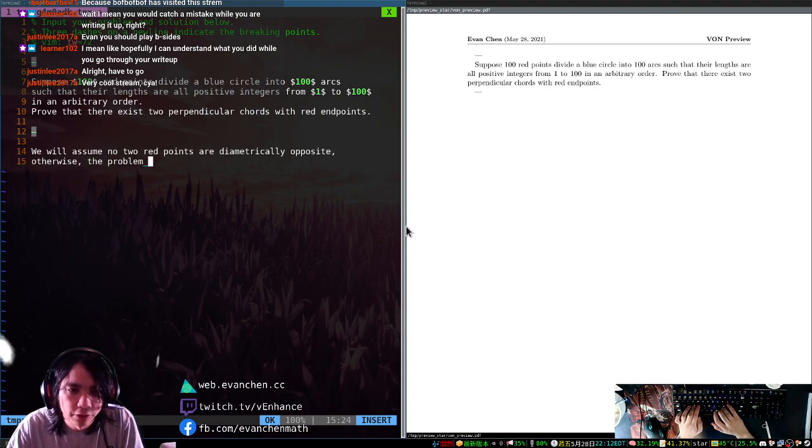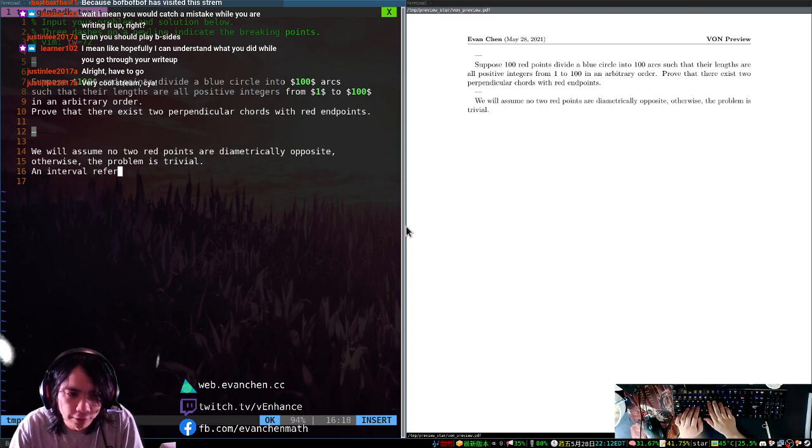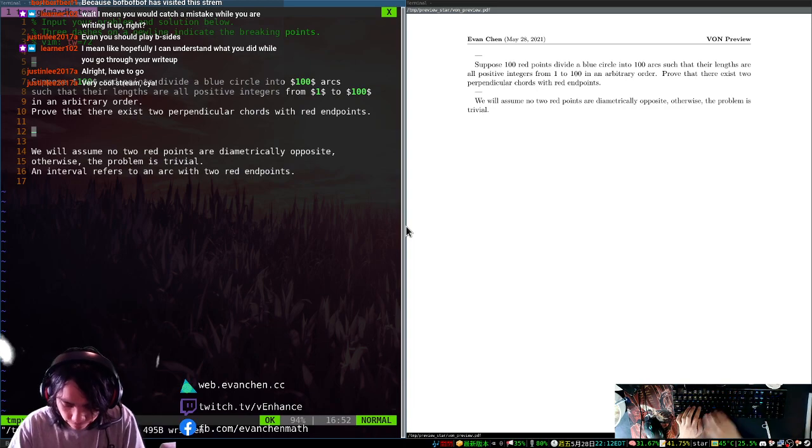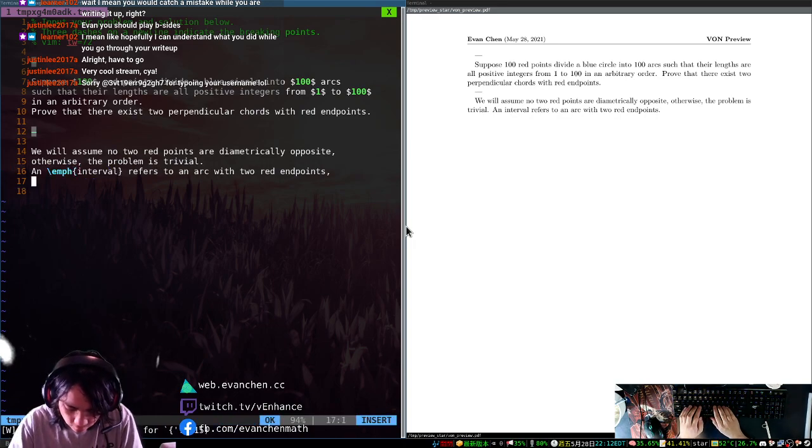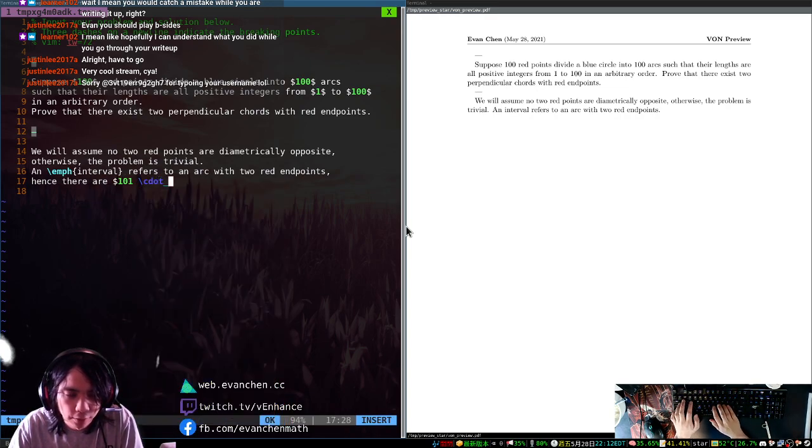Otherwise, the problem is trivial. An interval refers to an arc with two red endpoints. Hence, there are 101 times 100, that is, 9,900.